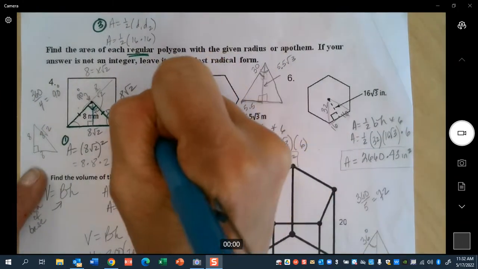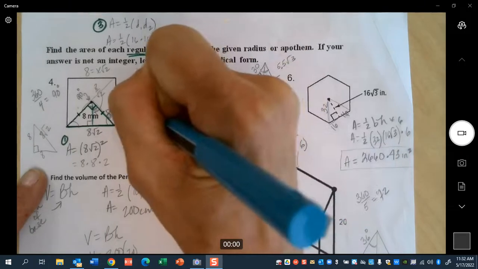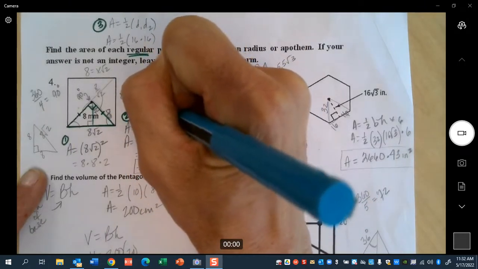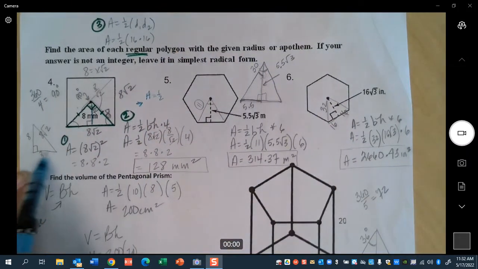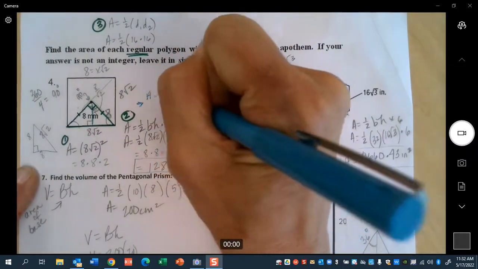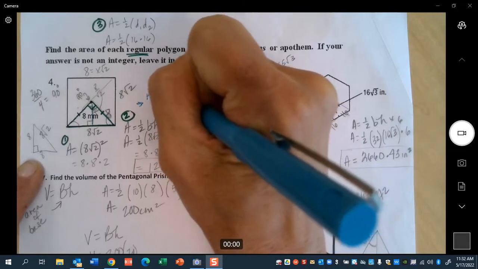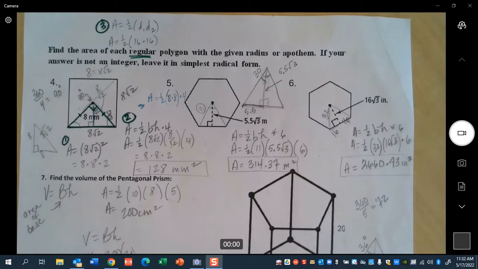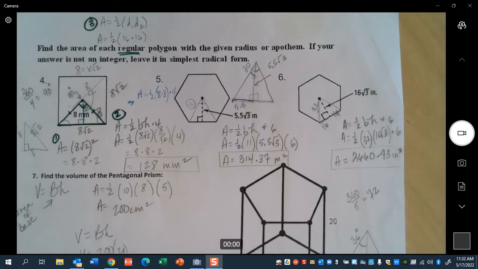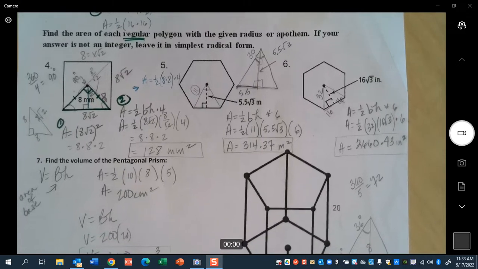But my other way of doing this was area is equal to 1/2, each of these triangles has a base times a height, my base times my height times 4. And I still would have ended up with the same. So there's actually 4 different ways of finding the area to number 4. Hey, you only have to do one. But like I said, I kind of geeked out while I was working on it because I was like, whoa, I wonder what they're going to do.